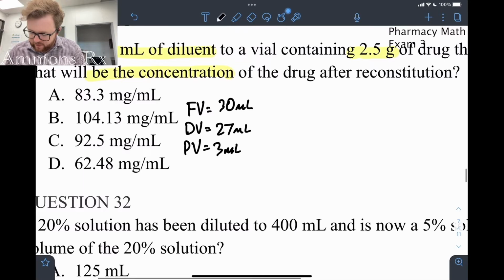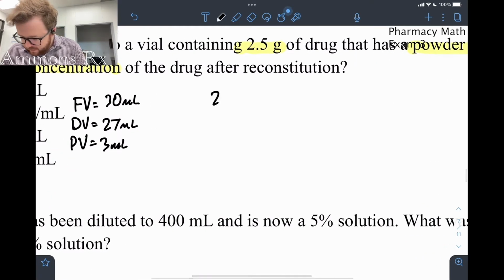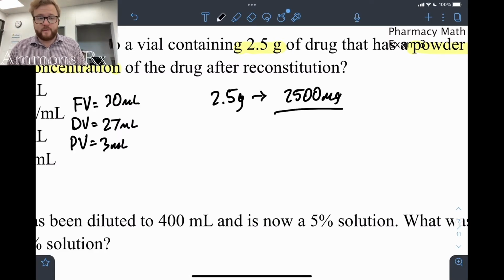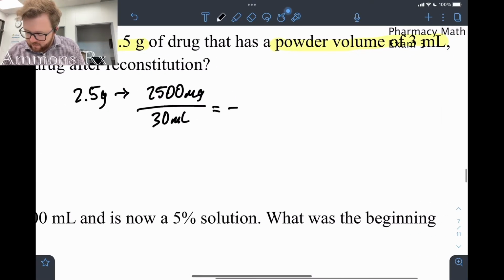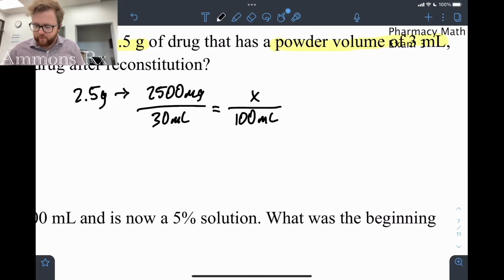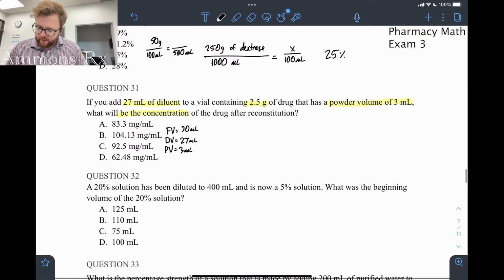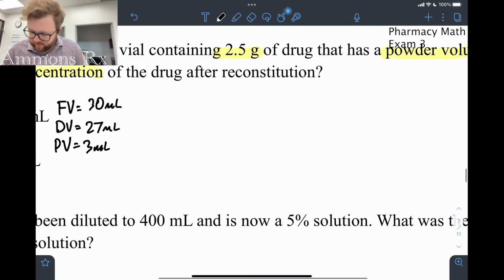Okay, how much drug do we have? 2.5 grams, which turns into 2,500 milligrams, 2.5 times 1,000, over our final volume of 30 mils, and then our X over 100 because of our percent strength formula. So how much drug do we have? We have 2.5 grams.